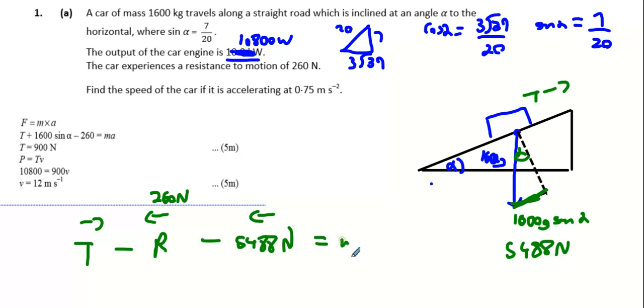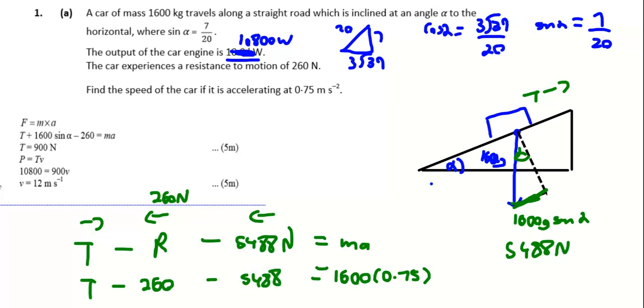And that all has to equal MA, which is 1,600 times my A value, which is 0.75. And then we have T minus R, which is our 260, and that's 5,488.